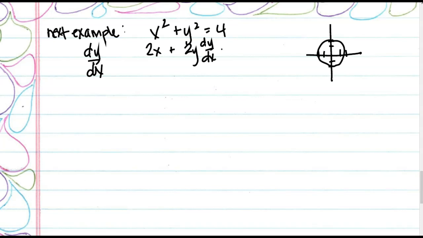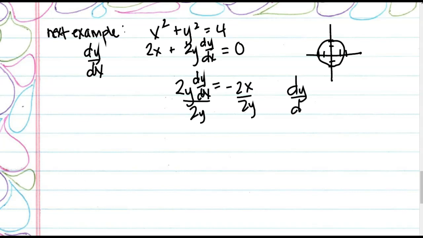That's the chain rule, and then derivative of a constant is 0. When we solve here, we have 2y dy dx equals, we put 2x on the other side, negative 2x, divide by 2y, and we get dy dx equals negative x over y.